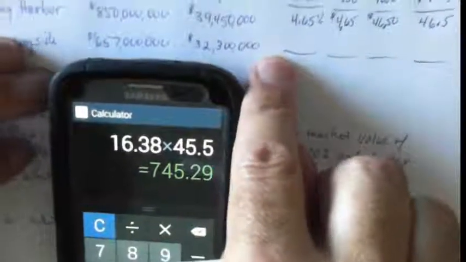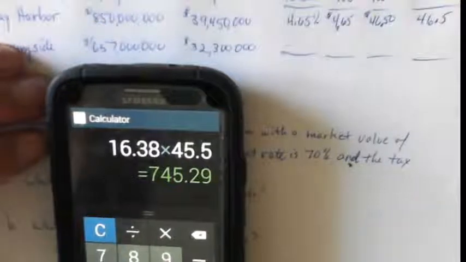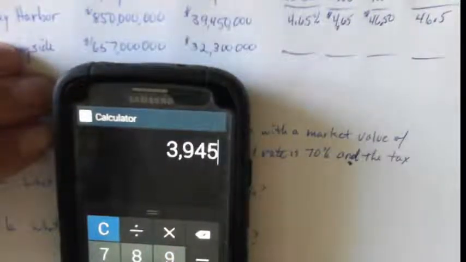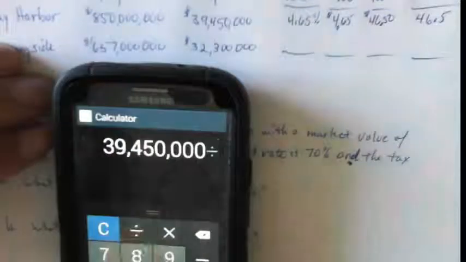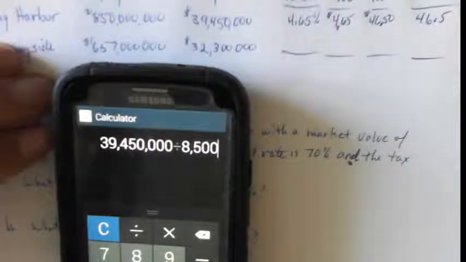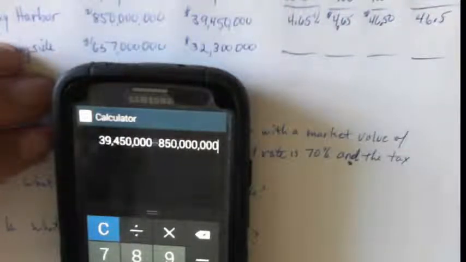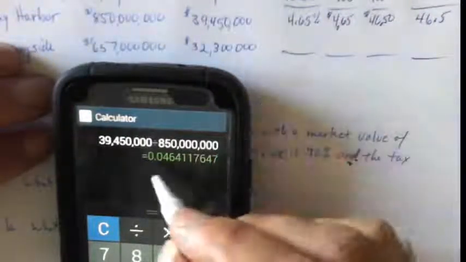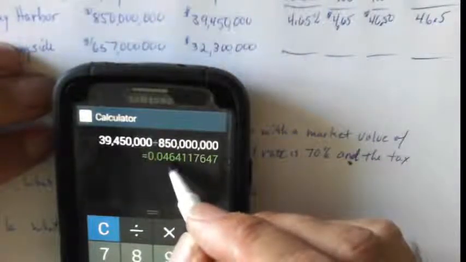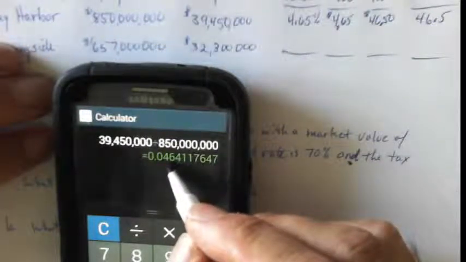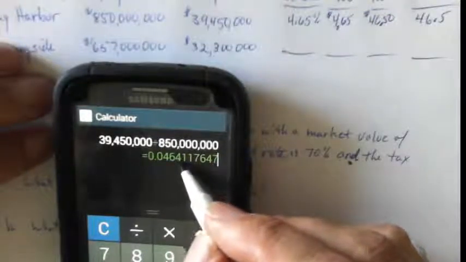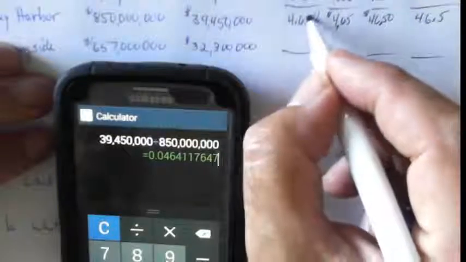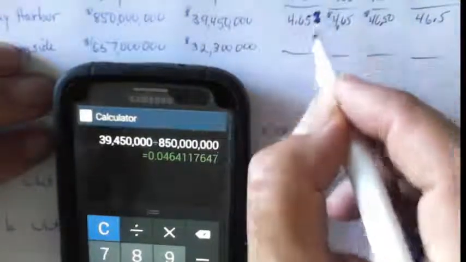So in this particular example, we have 39,450 divided by the whole, and move that over 2 spots to get a percent right. And they said to round up, so that's why the 41 became the 5, because the government's always going to want those extra couple of pennies.